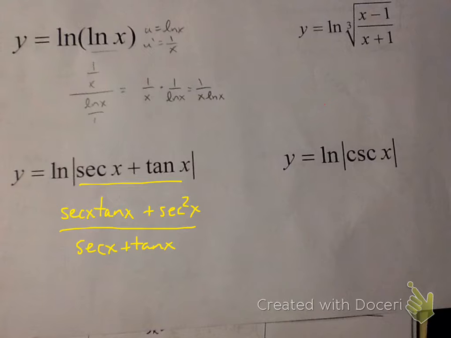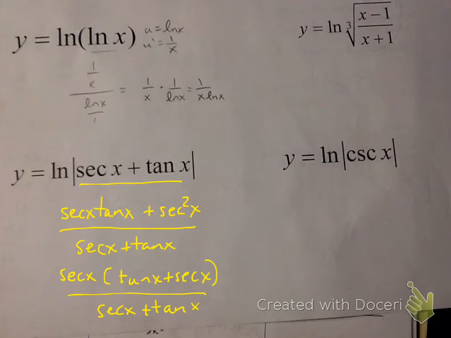And then something will usually factor out. If you factor out a secant x from the numerator, you're left with tangent x plus secant x all over secant x plus tangent x, which is awesome and super cool, exciting stuff, because that cancels out.